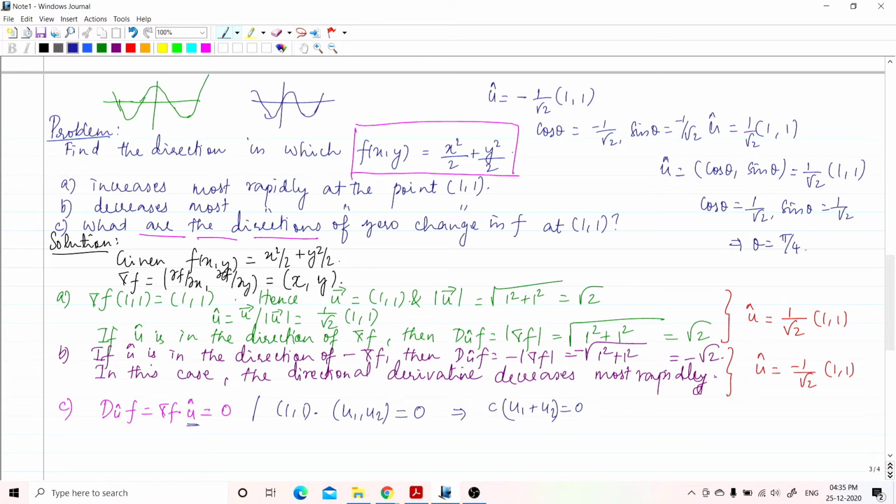If you can think from this idea, you may proceed and see what is going to happen here, or from these two. As of now, forget all these things and just look at these two vectors that we have written here. You are seeing that your u1 and u2 can be 1 upon under root 2, which is going to be your constant. So your u1 and u2 can be either 1 or minus 1. Am I right?